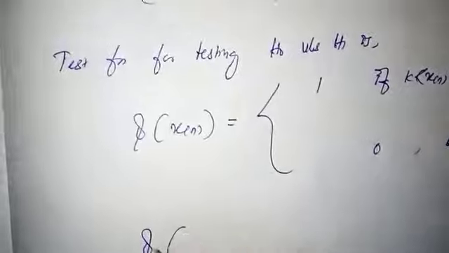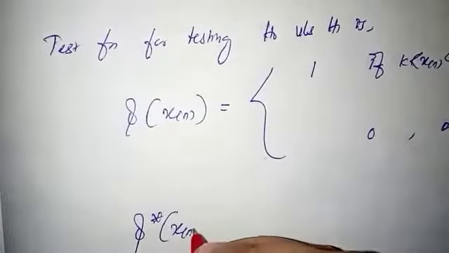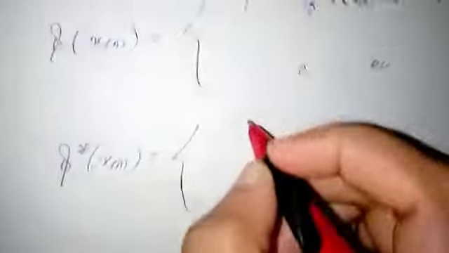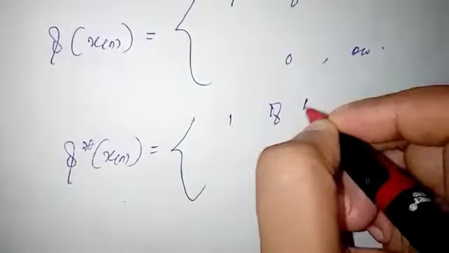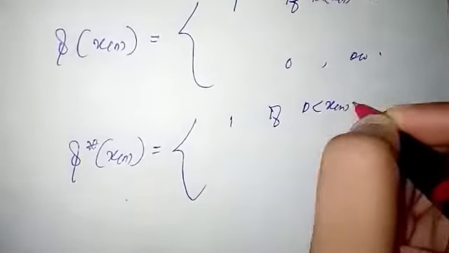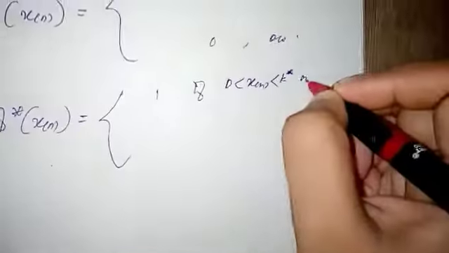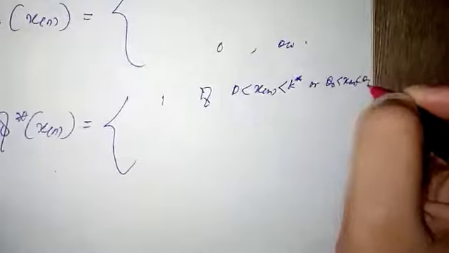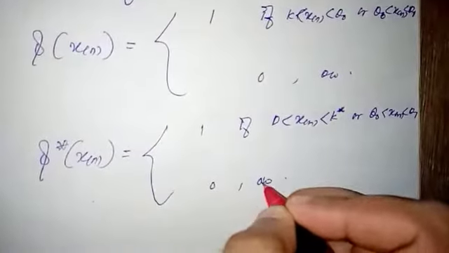We will take it as phi star of xn, equal to 1 if 0 less than xn less than k star, or theta naught less than xn less than theta 1, and 0 otherwise.